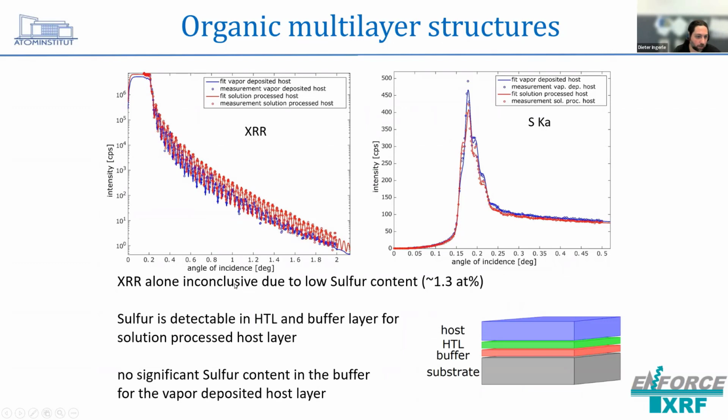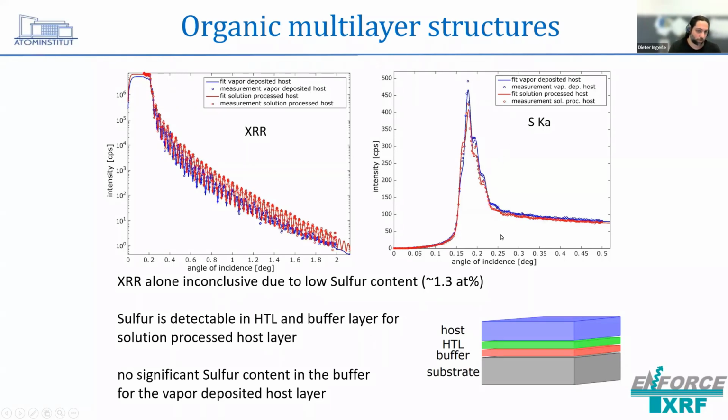And then I think the XR itself is, in this case, a little bit helpful because you can see the thicknesses of the different layers and so on, the structure. But it's not very sensitive, or actually not sensitive, to the sulfur content because it's just about 1%. This has no significant influence on the electron contrast.